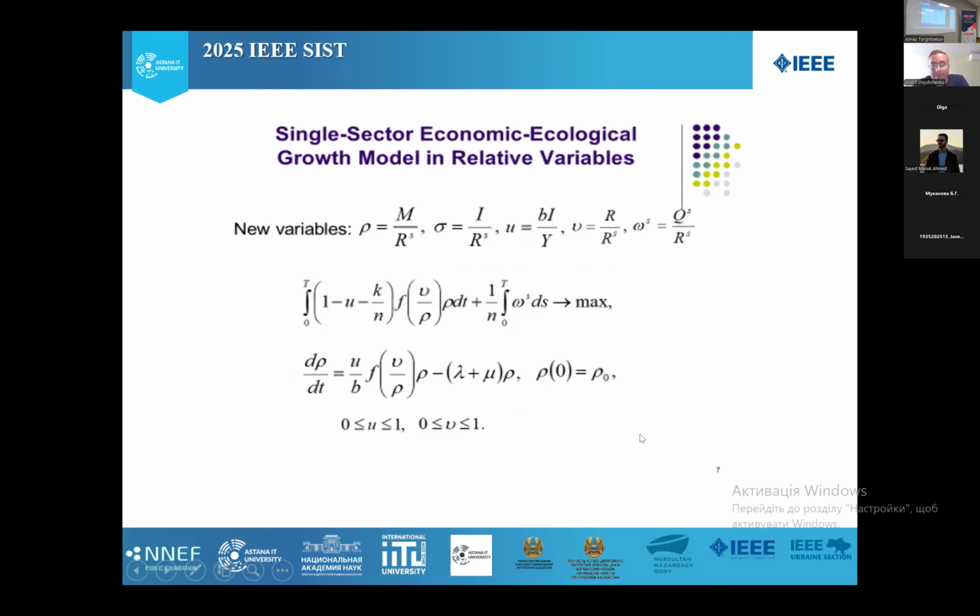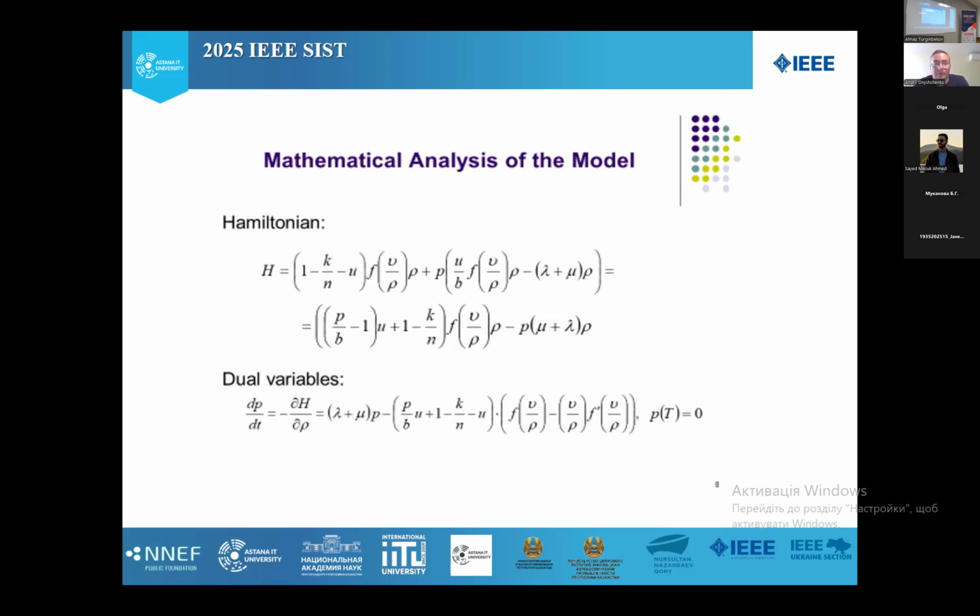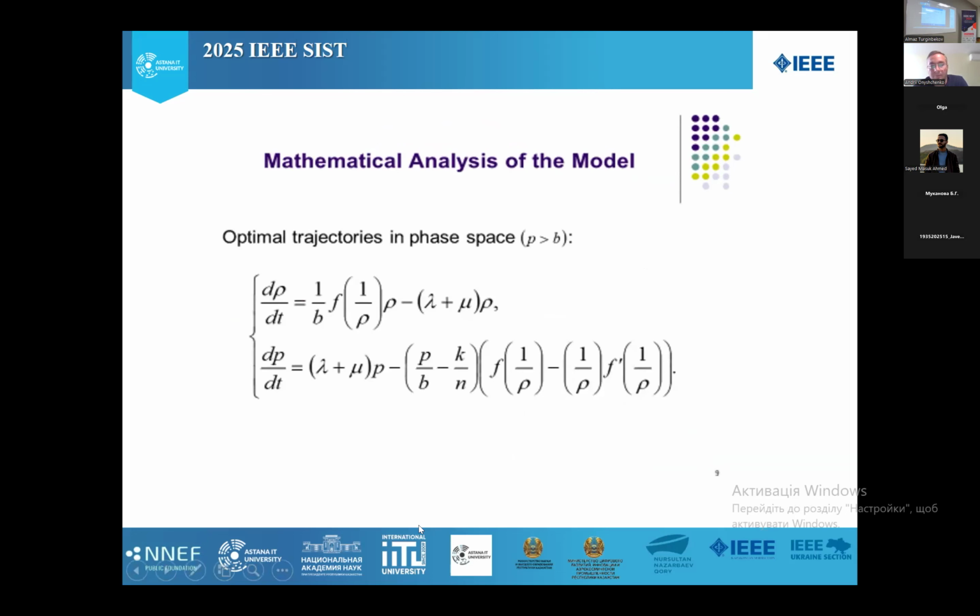And we research this parameter with exogenous variable b, and discuss three different variants of development of our system.